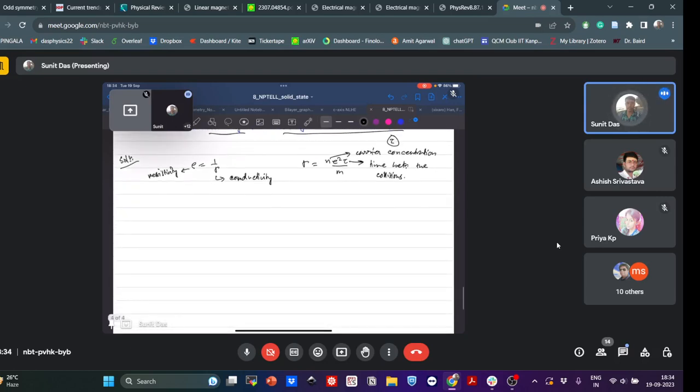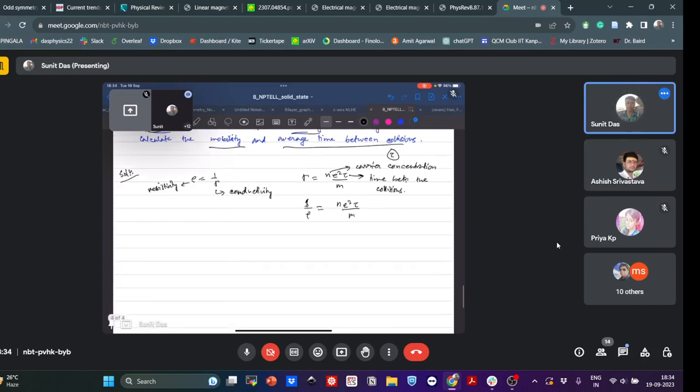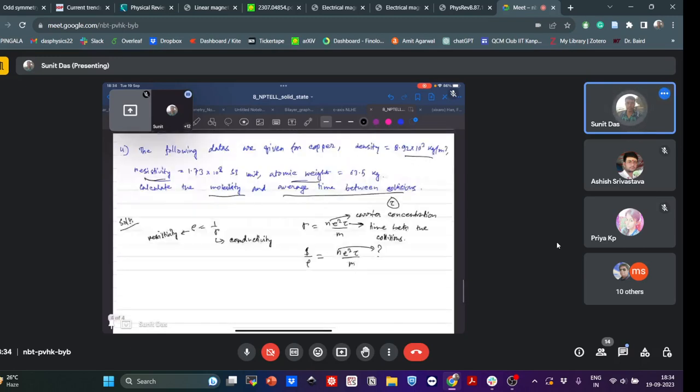So what we necessarily know is the sigma value, because sigma means 1 by rho, so 1 by rho is n e square tau by m, right? So we can easily find the tau, and for this we need to know what n is, right? n is the carrier concentration.